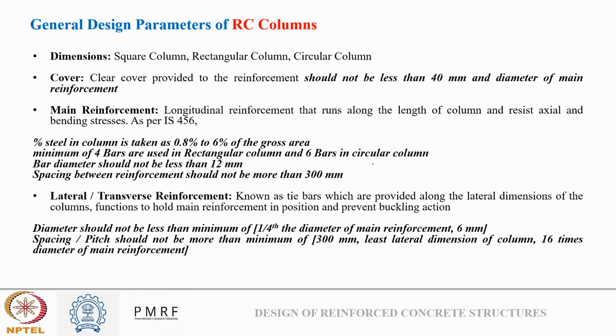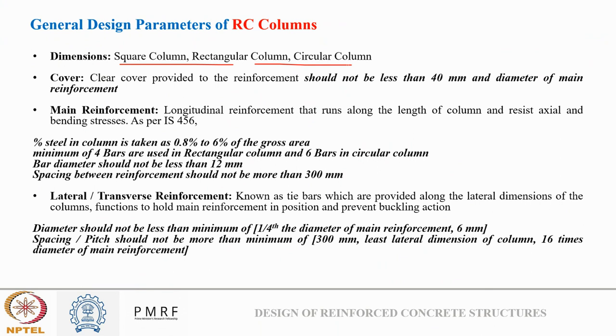Okay, now while designing the column, there are four major things that we need to care for. First is the dimension. A column can be of different types based on dimension. So, what are these different types? These are square, rectangular, and circular columns. Okay, for each shape, the design requirements can change.